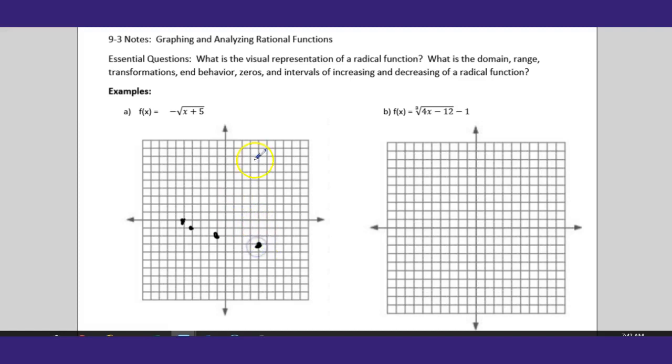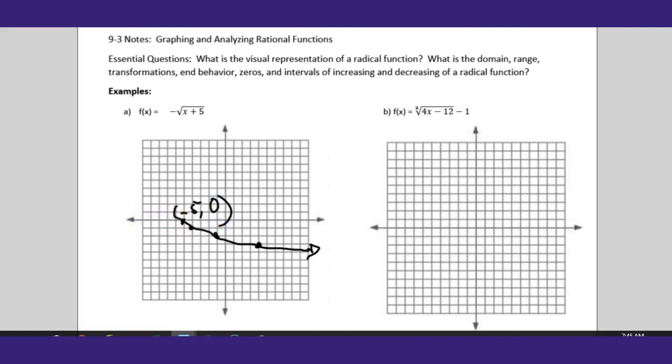Right there. So this graph is going to look like this. So connect these dots. All right, and there's our graph, guys. I know it's not the best thing, but there's our graph, with this starting point right here, negative 5, 0.